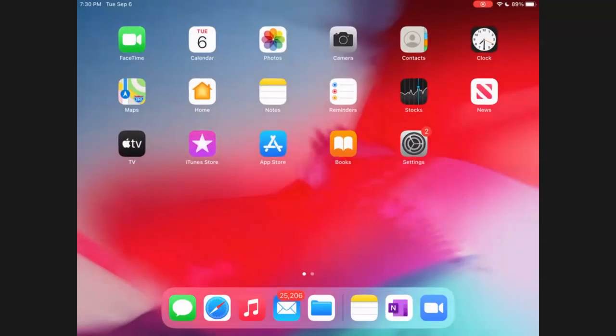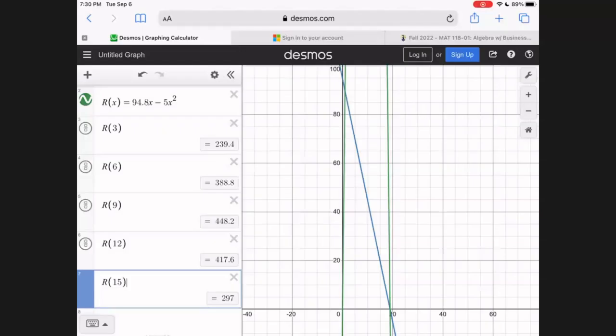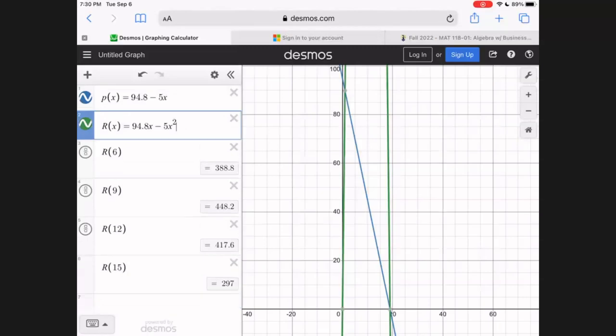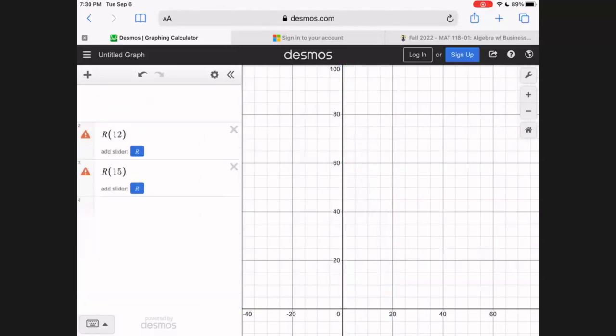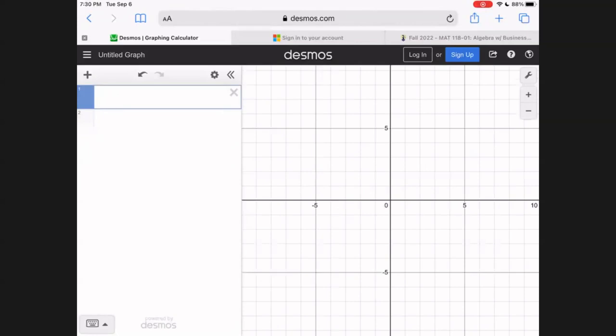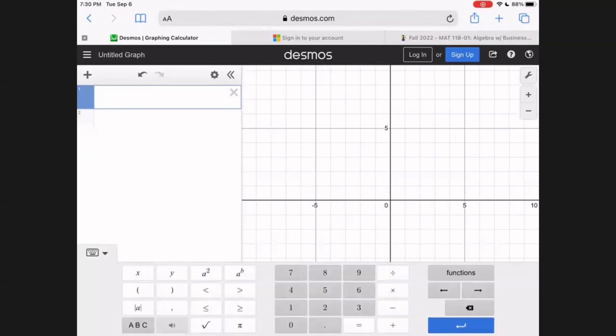I'll just show you on Desmos how you do this. So let's open Desmos. I have stuff from before, so we can just delete some of these things. Let's type in that number. So parentheses, negative 12.75, close parentheses. And then I want to do it to the third. There's a button that has like A to the B right here.